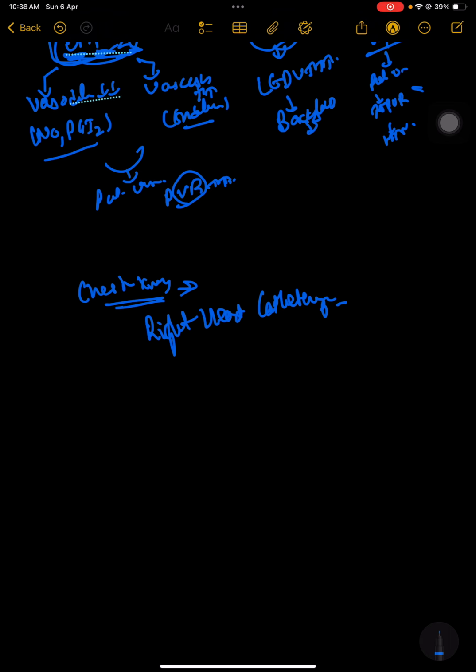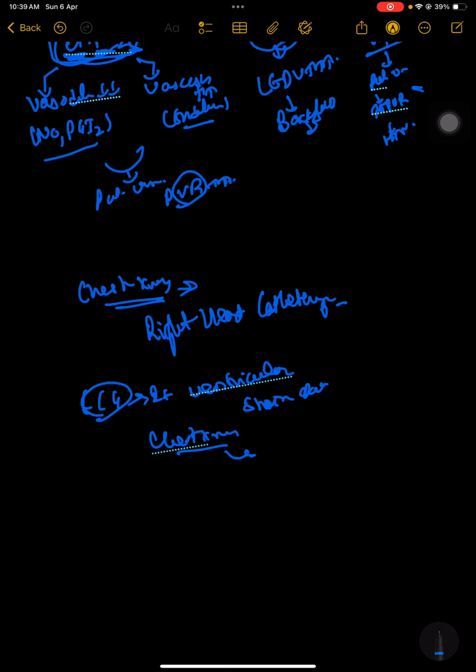Okay, ECG: a right ventricular strain pattern is seen in ECG. Okay, so chest X-ray can be done. Chest X-ray, what will we see? So the pulmonary artery is enlarged. You see here, the pulmonary artery is enlarged like this. Okay, and there's right ventricular enlargement.